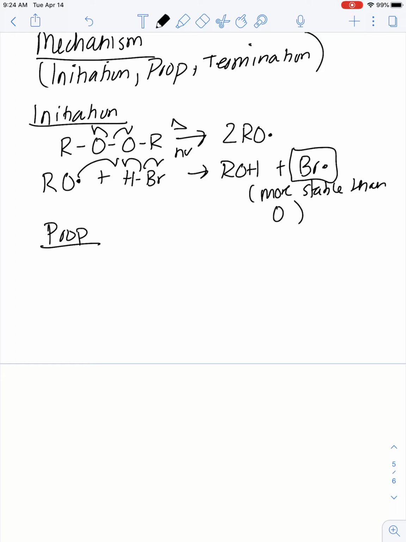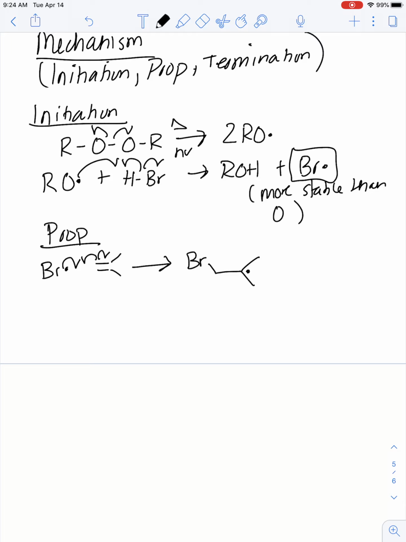For the propagation, remember, we have the formation of a radical that we generated in the initiation step. We're going to react this with our alkene, and then we are going to have the formation of a new radical. Again, in a mechanism you're showing everything with arrows to show all flow of electrons.